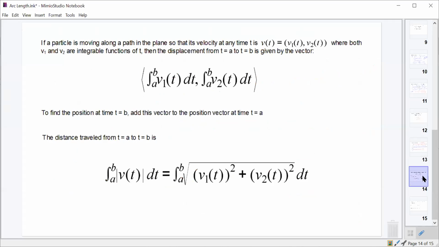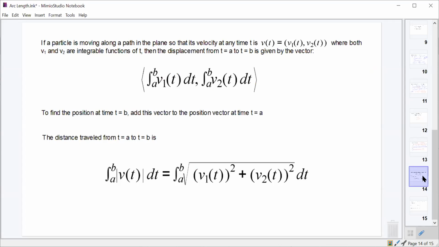Okay, back to it. So now we'll talk about vectors. Just briefly, I'm just going to do one problem with the vectors too. They're not too difficult. Got a particle moving along a path in the plane, right? So no longer just moving in just the x direction or just the y direction. It's not moving in a line, but moving in a plane. And we've got a velocity given by whatever the velocity vector is.